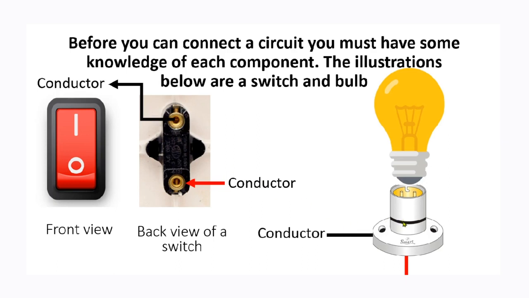At the bottom of this lamp or light bulb holder, we have the exact same thing. Underneath here, you will also find two terminals. And we will connect up those two terminals, just like how I've indicated we will connect it up for the switch. Students, please take note that behind the switch, there are two terminals. Underneath this lamp holder, there are two terminals. And whenever we connect up those conductors, we connect it up exactly as I've indicated.